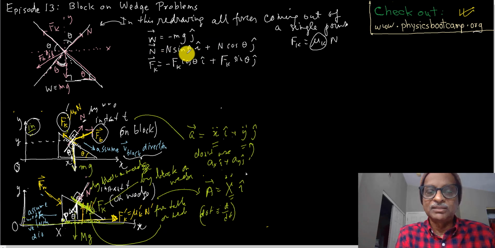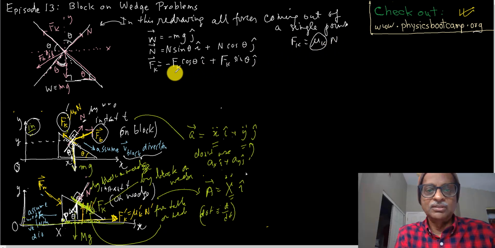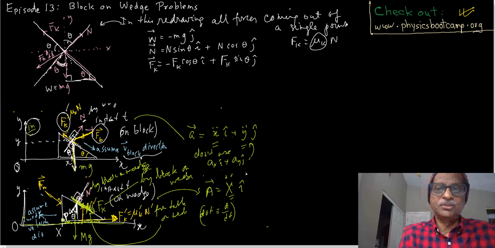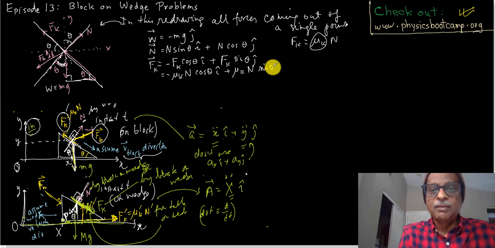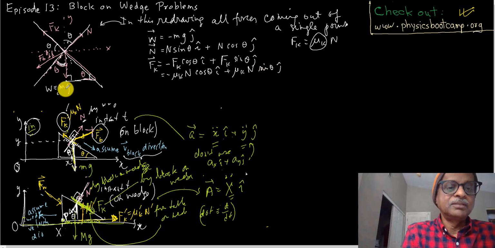If you find N, you find fk. So I can just leave fk alone, or I can convert that into minus mu k N cosine theta I hat plus mu k N sine theta j hat. So we got this done, this done, this done.